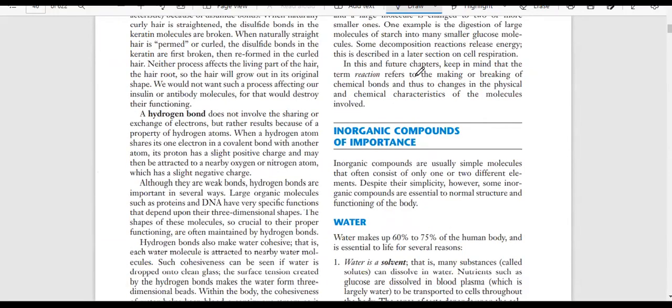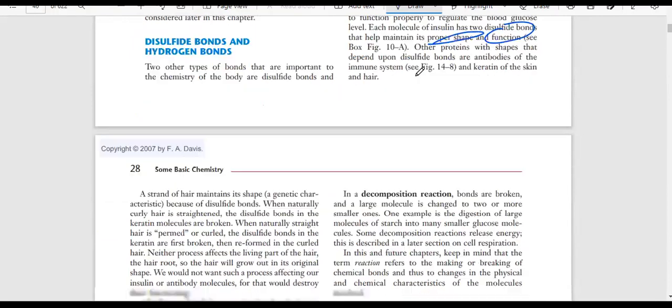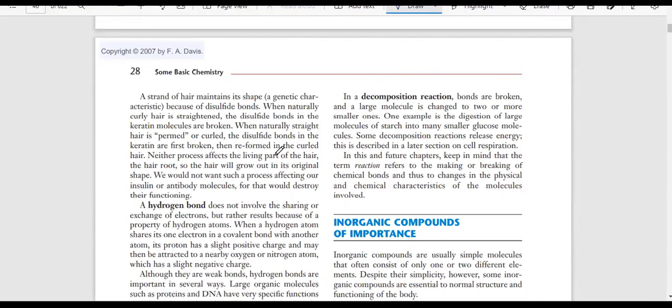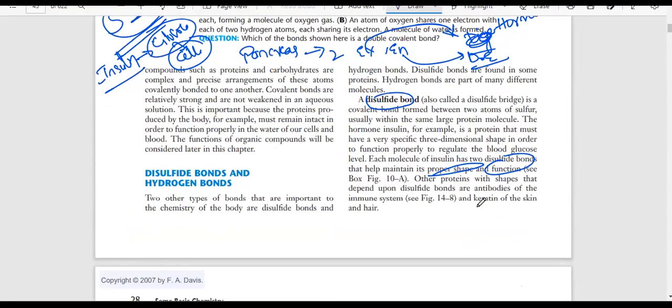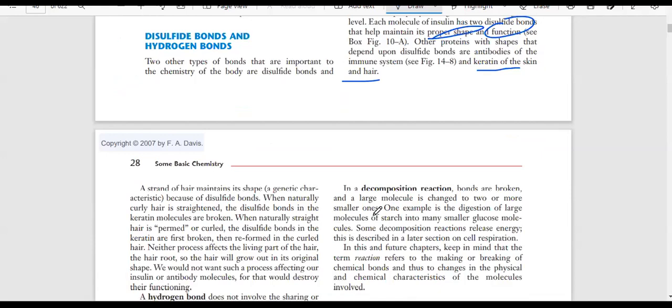There are other examples also, and we will talk about that. Here we have the keratin of the skin and hair. What does keratin do? Keratin is able to stop the entering of pathogens and of any outside things, like water.